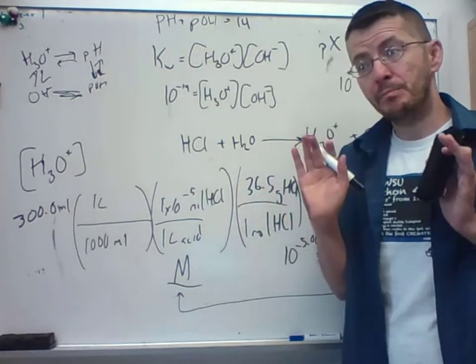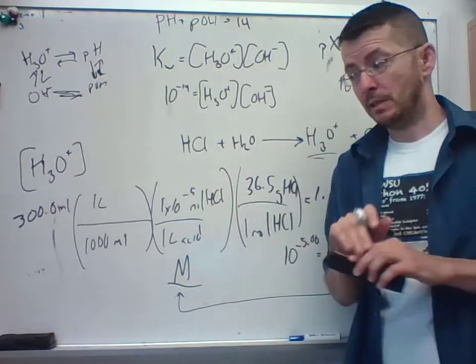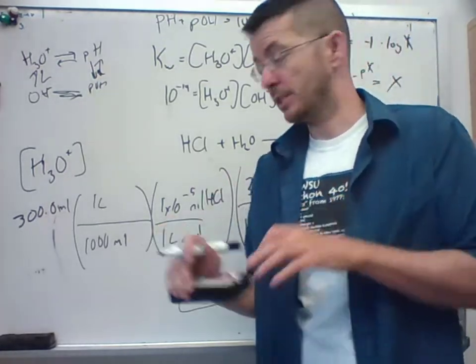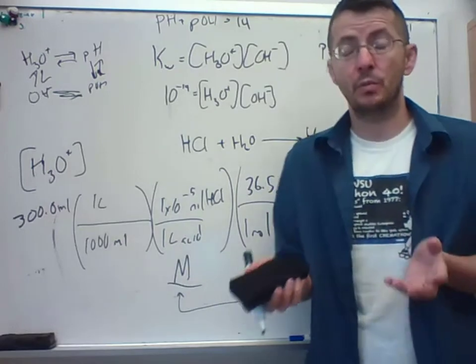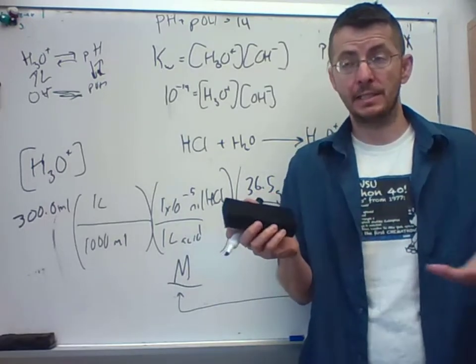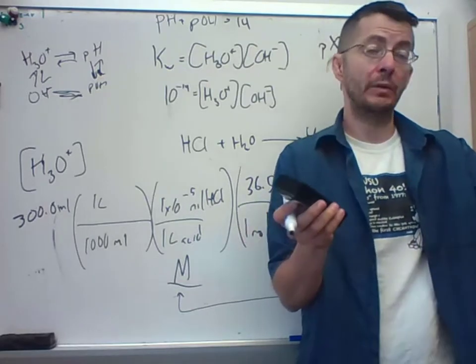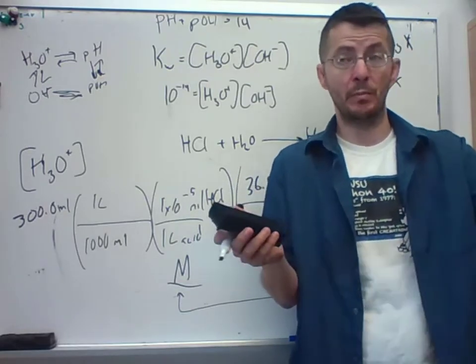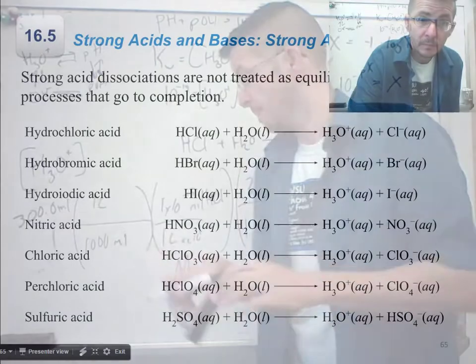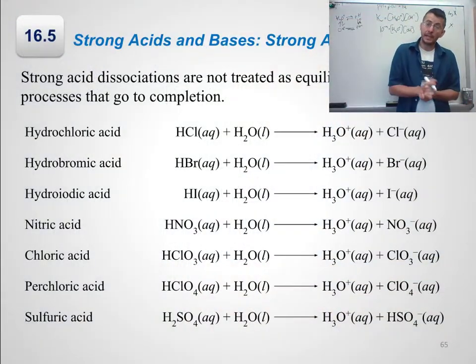So with strong acids, it's a very direct relationship. For strong acids, we assume all of the acid dissociates into protons. For every 1 mole of acid, we liberate 1 mole of protons. Therefore, if we know the moles of protons, we know the moles of acid. There's a small handful of strong acids.